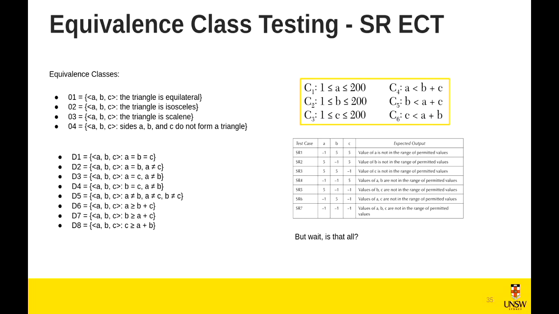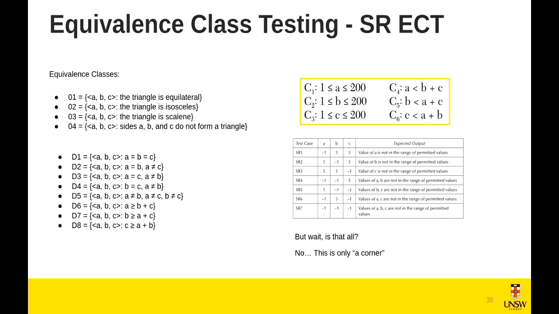Actually, this is only one corner. If we draw a diagram, this is a 3D diagram, but we only care about all the values smaller than the lower bound. We didn't cover, let's say, all the values larger than the upper bound, and we didn't cover cases where one of them is smaller than the lower bound and the other two are larger than the upper bound, or two of them are smaller than the lower bound and one is larger than the upper bound.